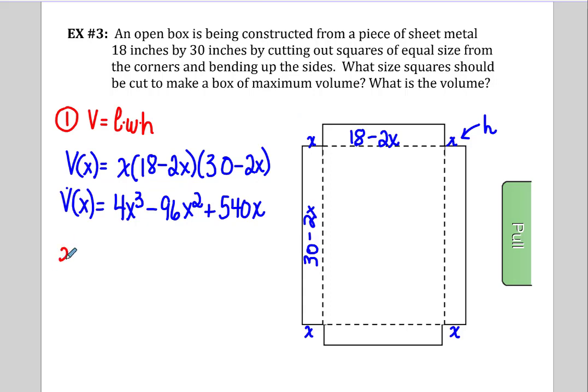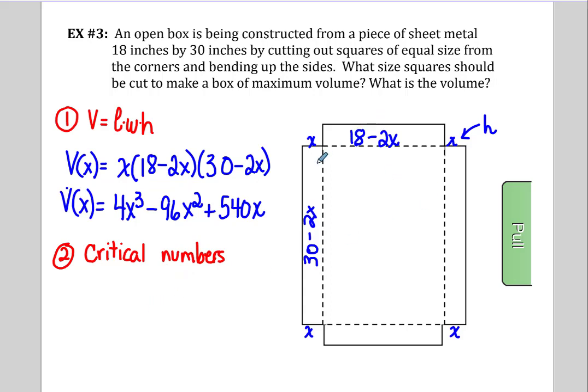So now the second thing is, what are my critical numbers? We want to find the critical values to be able to determine the possible choices for the size of x. So we have to think about the domain here, right?